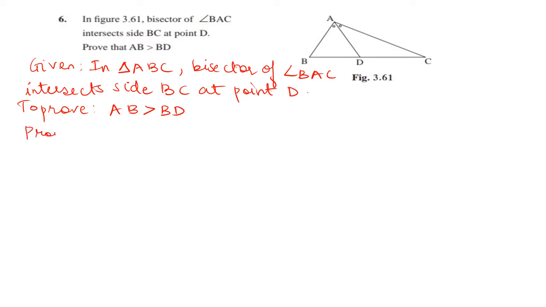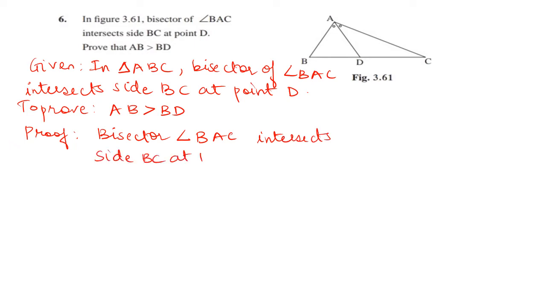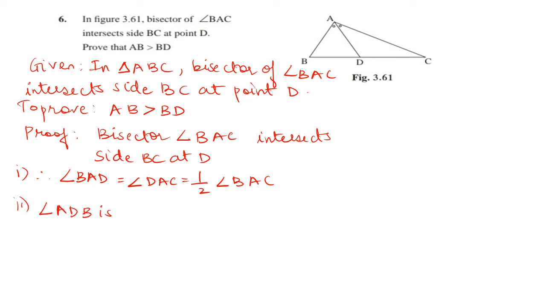Proof: the bisector of angle BAC intersects side BC at D. Therefore, you can write angle BAD is equal to angle DAC is equal to half of angle BAC. Correct? Then I said that angle ADB is an exterior angle.